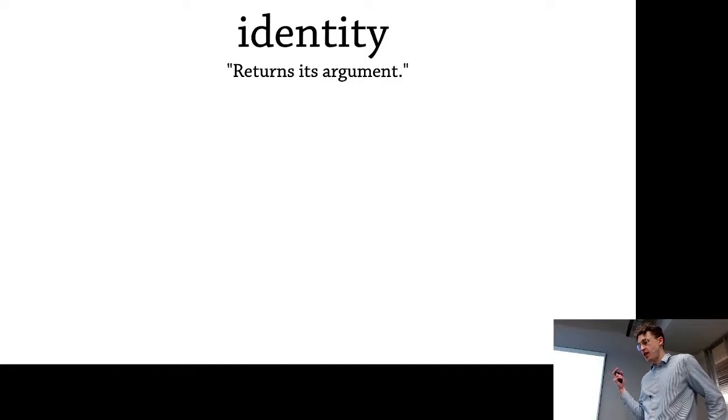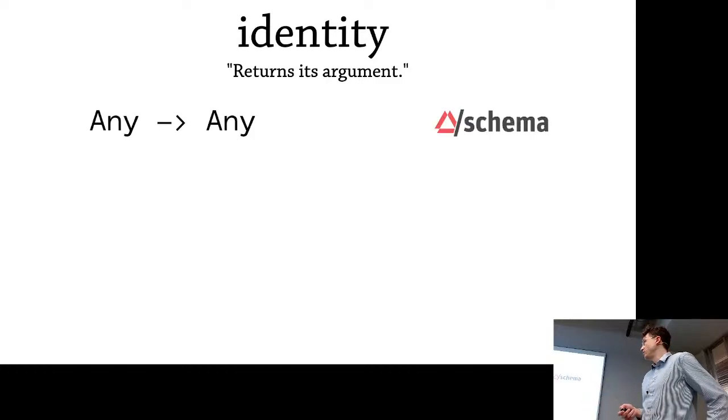So I'm saying that I'm going to give a more specific spec for identity that lets the programmer actually say in the spec that it returns its argument, and that the computer can actually test that it returns its argument. So let's brainstorm some of the different specs we could give to identity. And let's use schema syntax for now. Well, this isn't even schema syntax. It couldn't fit on a slide.